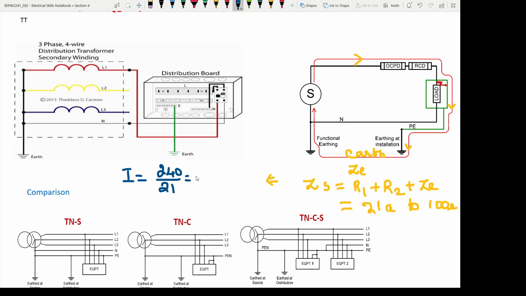So it gives around 11.42 amperes. This is my best case fault current, and for the worst case fault current I get 240 divided by 100. So if you consider this, you get 2.4 amperes. So this is my fault current for TT earthing.